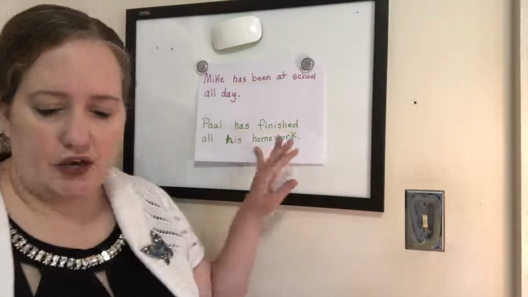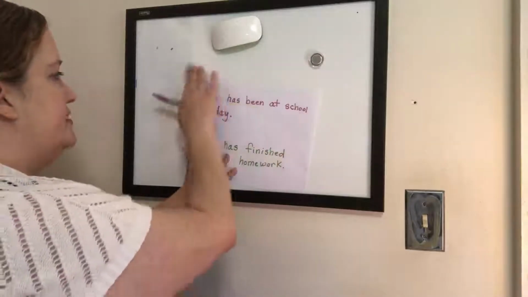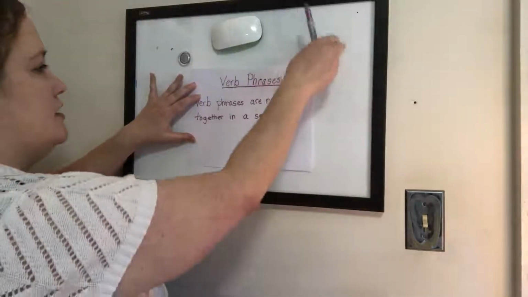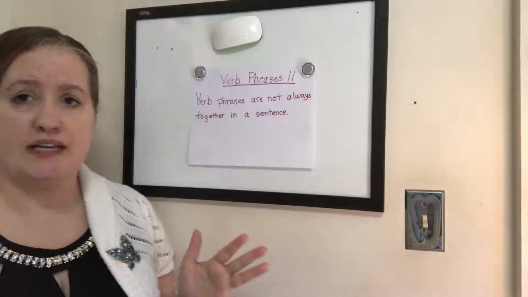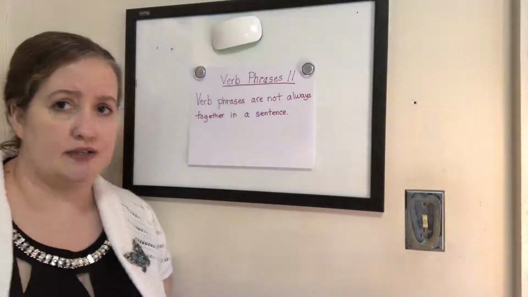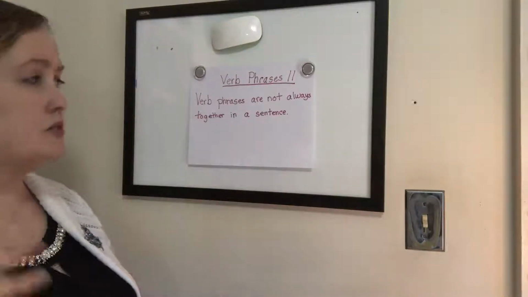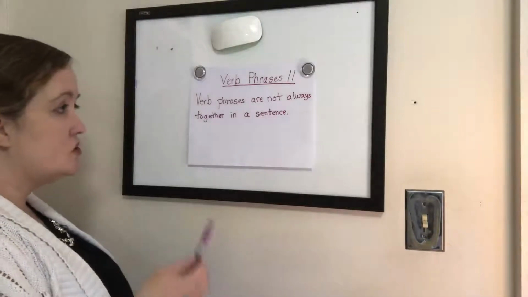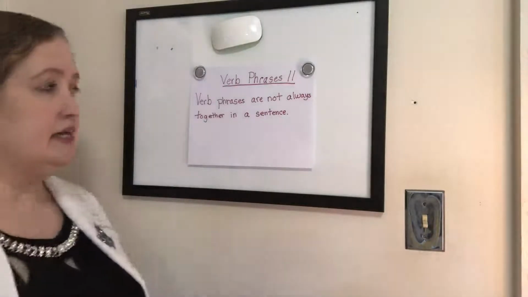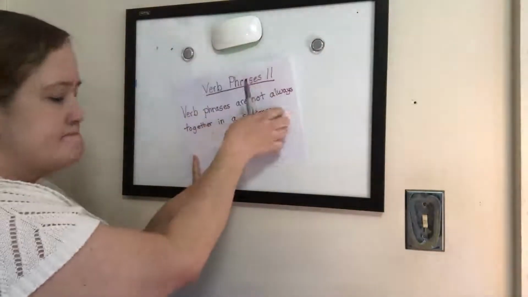Alrighty. So we're gonna have another point that we need to talk about. Verb phrase 2. Verb phrases are not always in the same spot. One might be in the front of the sentence, one might be in the end of the sentence. So verb phrases are not always together in a sentence. Sometimes they are, sometimes they are not.